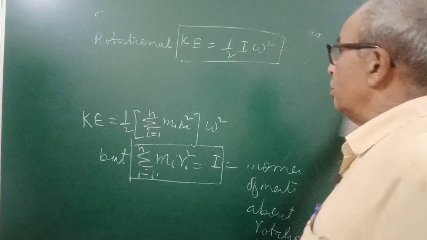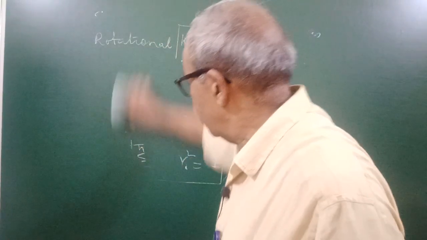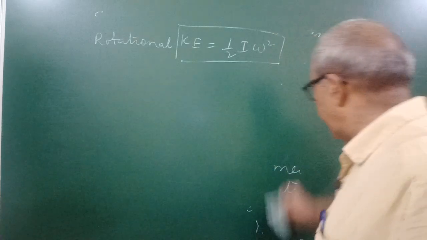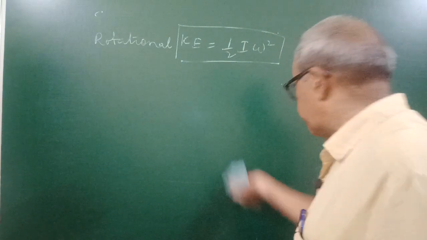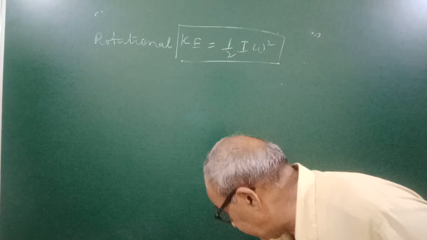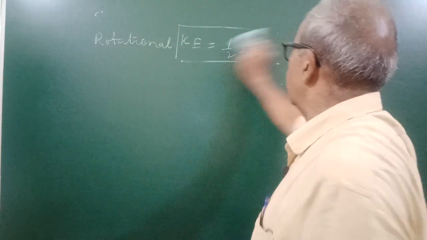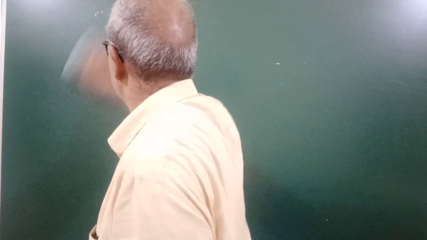ठीक है भाई? तो it was rotation का energy. Now it depends on I and omega, and I depends on the distance of the particle from the axis of rotation. Okay, I hope you have got it and you will enjoy it.